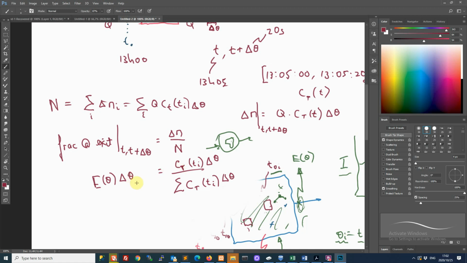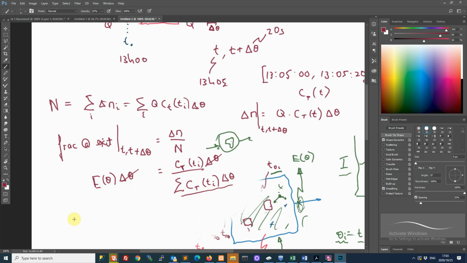So that's fine. Now we can cancel this way. So let's cancel this delta theta with this delta theta. And if you look at the denominator here, you can identify this is nothing but a Riemann integral.